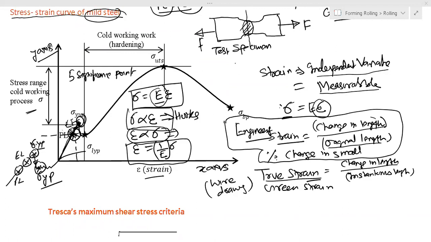You have to overcome the cohesion, the intermolecular attraction, basically all are intermolecular forces. Once it starts to break, finally without applying force, with that momentum only, the material continues to break.